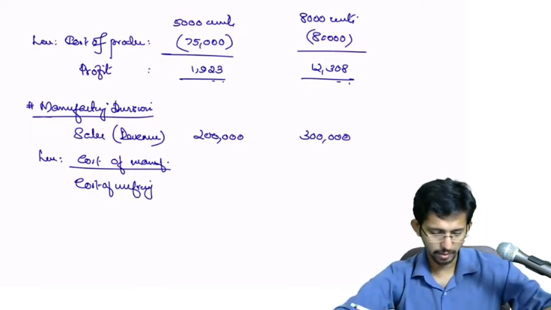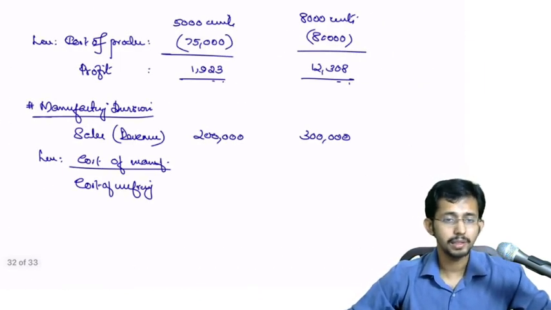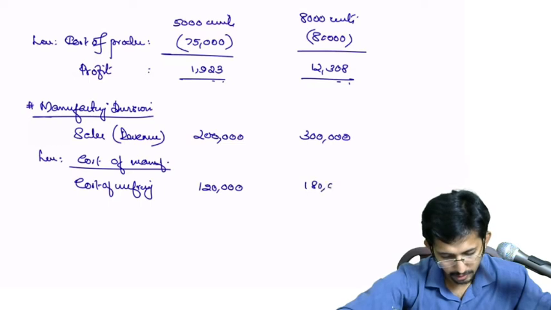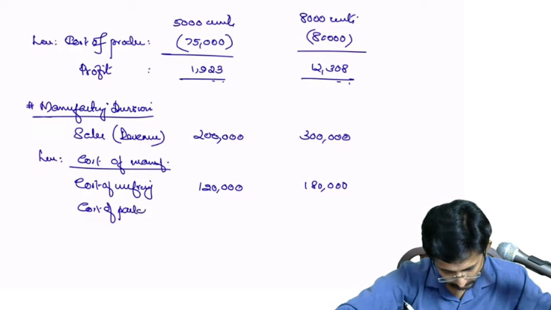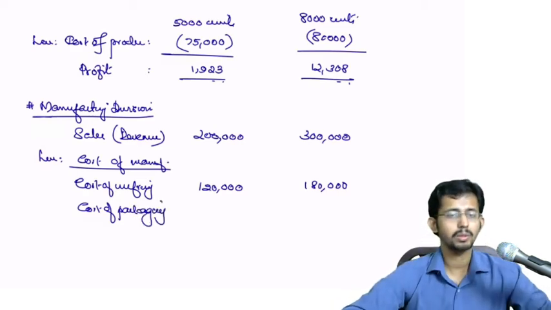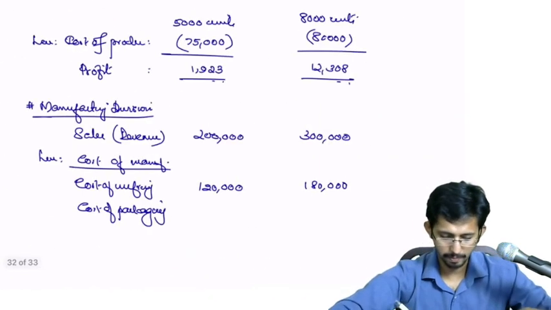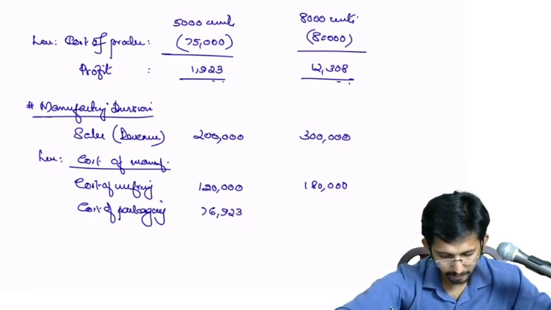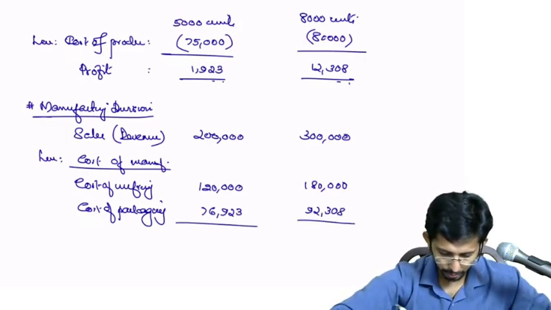Cost of manufacturing was 1,20,000 and 1,80,000. Am I right? Then cost of packaging. What will be the cost of transfer price? 76,923 and 92,308.